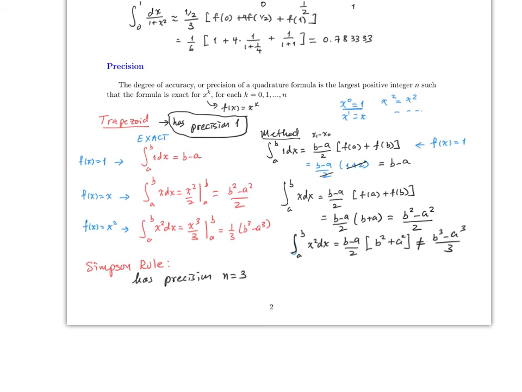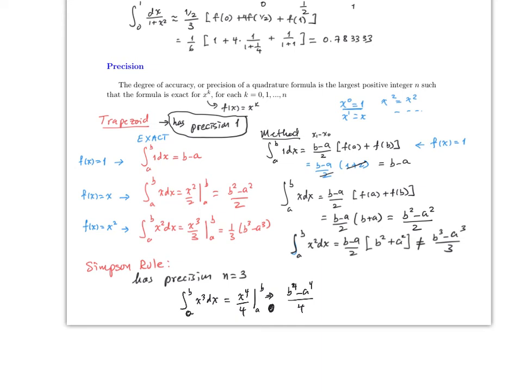What this means by being precision 3 is that, let's say, you find the integral from a to b of x cubed dx, which will be x to the 4 over 4 from a to b, or b to the 4 minus a to the 4 over 4.